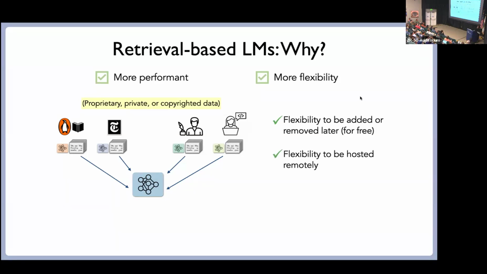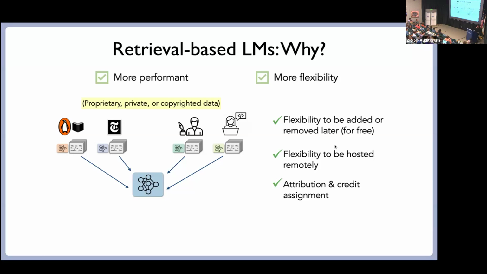It's also flexible in terms of location. For instance, if you're using ChatGPT, the model parameters are remote, but you can use your local data store, or you can do it the other way around, meaning you can use a remote data store while having your model parameters local. It can also give straightforward attribution and credit assignment.